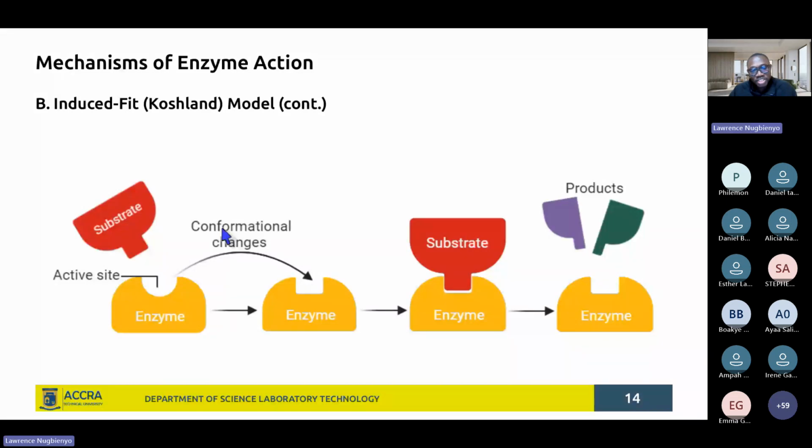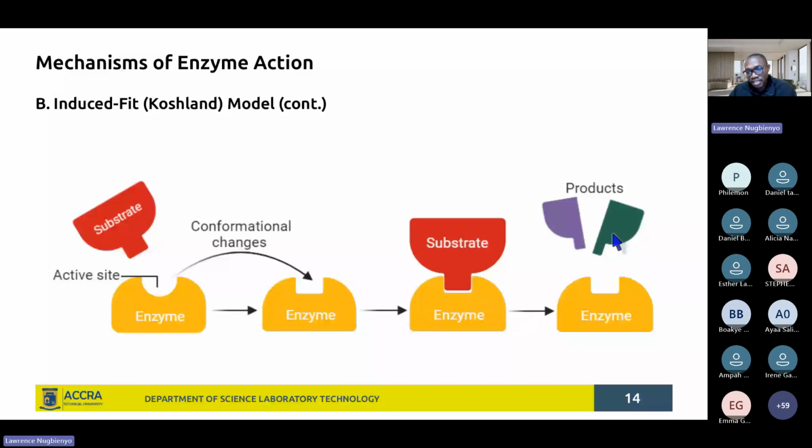you have conformational changes. What it means is the substrate induces conformational changes so that you now have that active center of the enzyme now taking the shape of the portion of the substrate which will be binding onto it. In that case, you can have an enzyme substrate complex, the transition state, that will proceed to product formation.